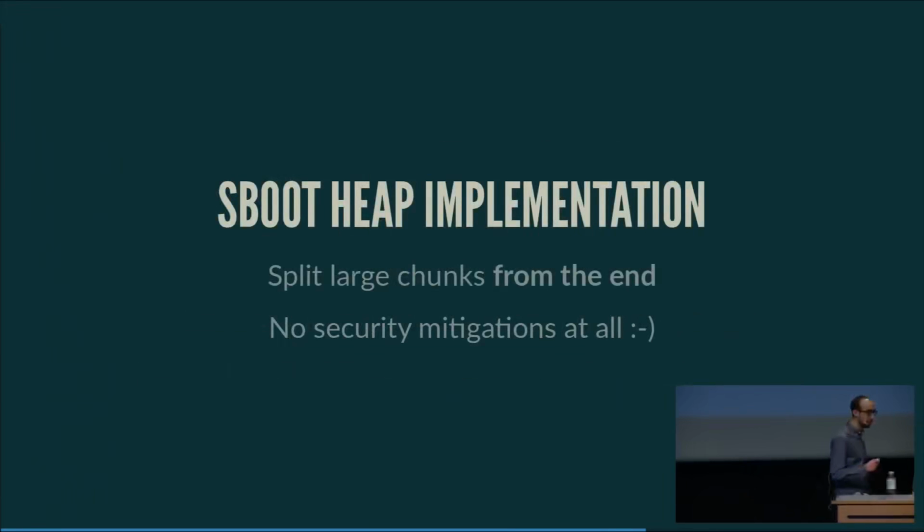So let's talk about Samsung's SBoot heap implementation. If you wanted to allocate some size, and the heap chose to use a chunk which is larger than the size that you wanted to allocate, it will split it from the end. We'll see an illustration in a moment. The thing to note about this heap implementation is that there are no security mitigations at all.